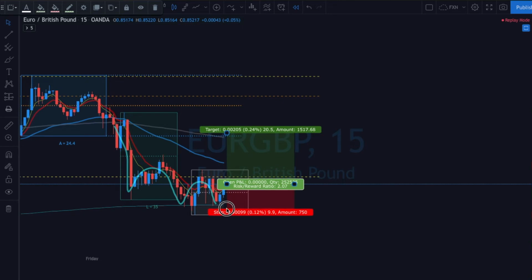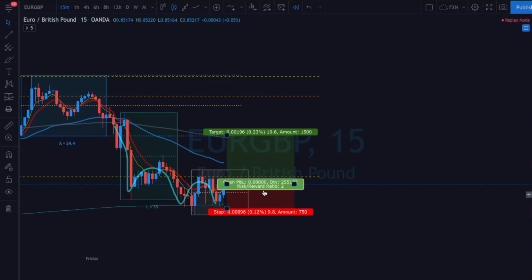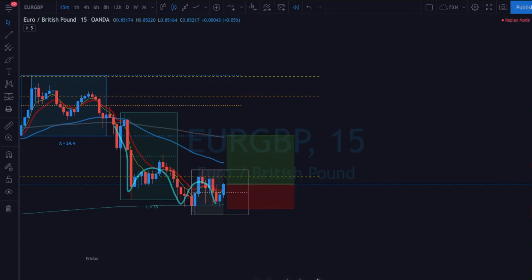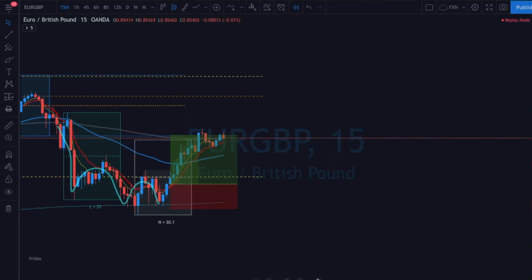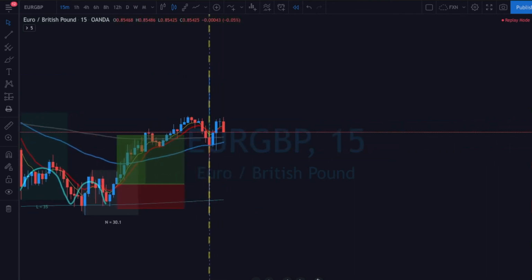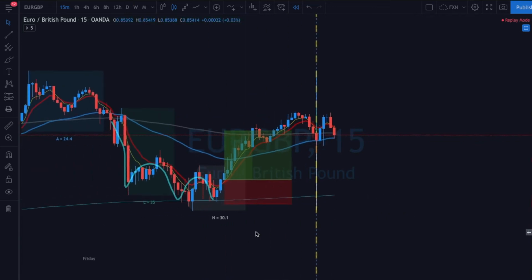If we just keep it simple and keep a 20 pip take profit, basically to the 800 here, we can still get a 2-to-1 risk reward ratio. What happens? We get to the 800. It actually goes a little bit higher, but then it stops out, or it goes sideways, essentially.